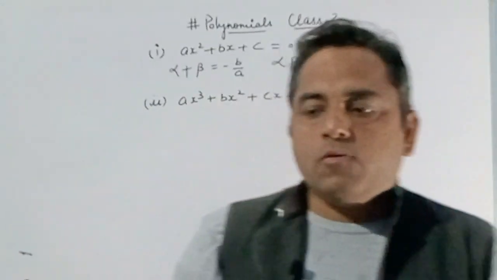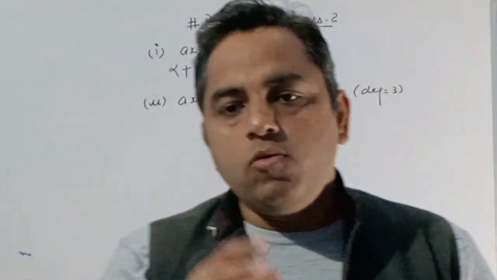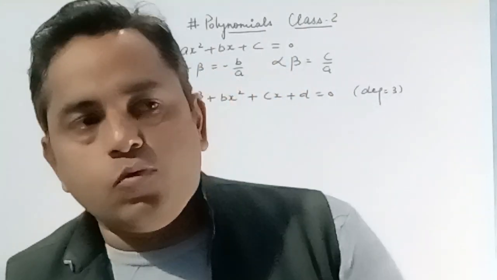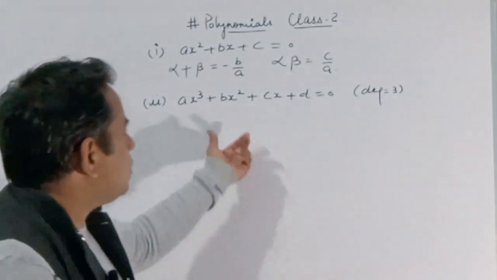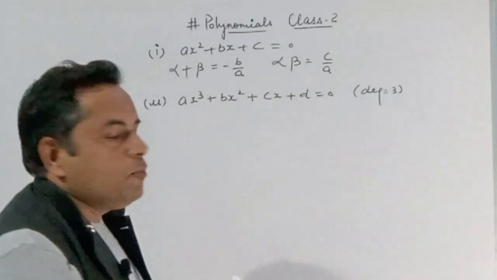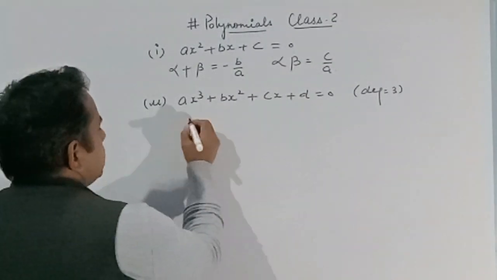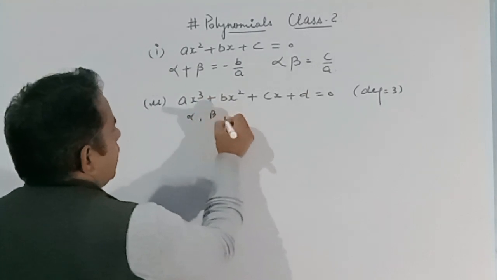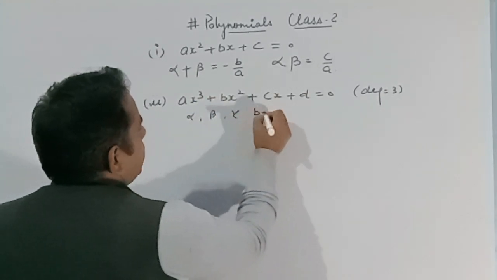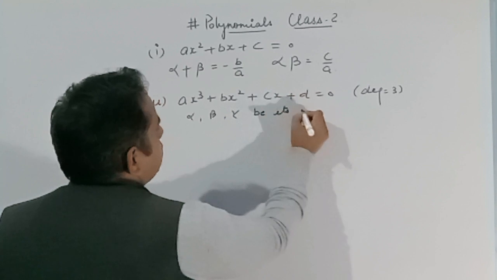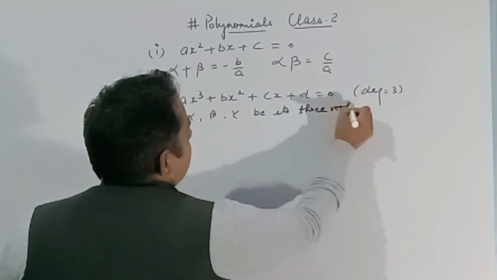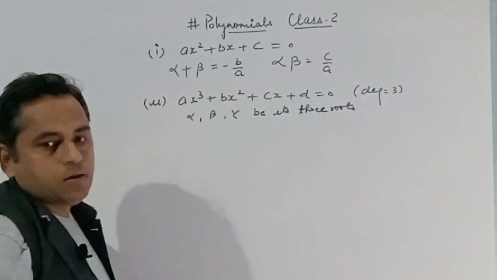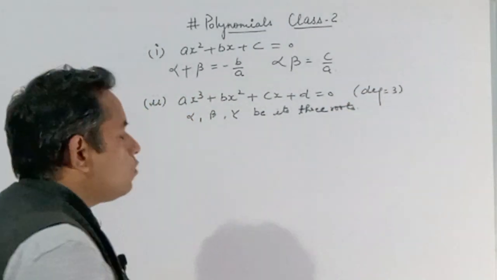And as in a quadratic equation we have 2 roots and 2 zeros, in the same way we will have 3 zeros, or we can say roots, in a cubic equation. So let us consider alpha, beta and gamma to be its 3 roots.